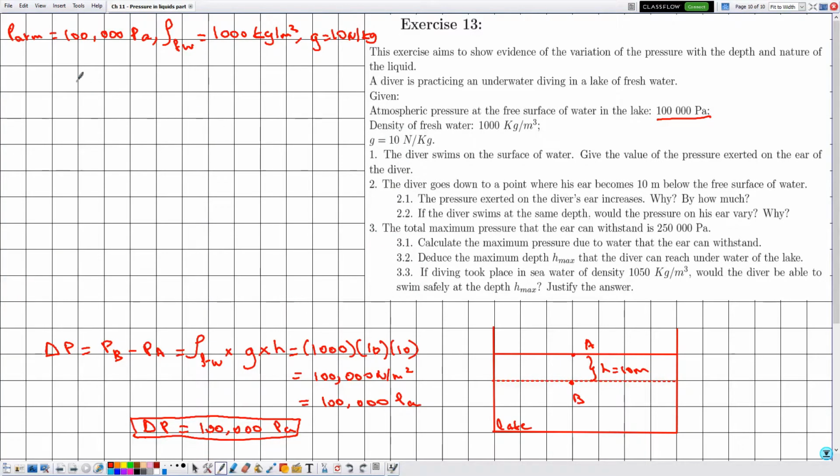And here let me write that delta P is given by 100,000 Pascal.